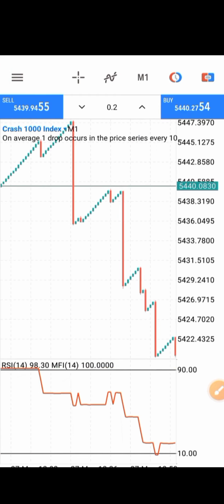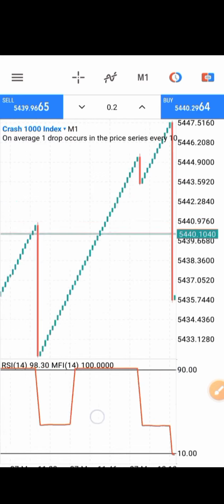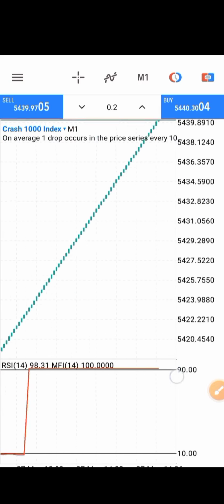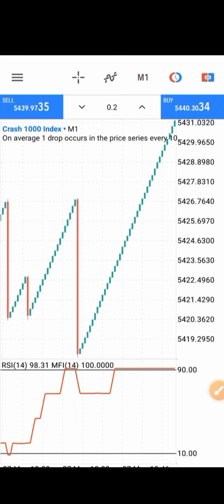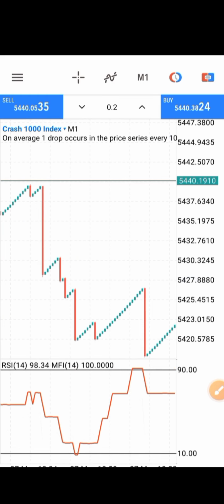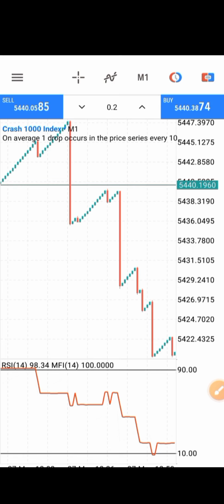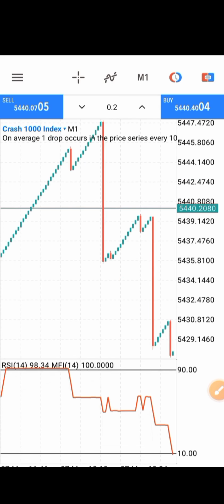So how does this strategy work? How do we make it to scalp Boom and Crash? You understand? This is Crash. It's a synthetic market that shows the crash, like the falling of markets. So when we say synthetic, it is like copying, or let me say mimicking.